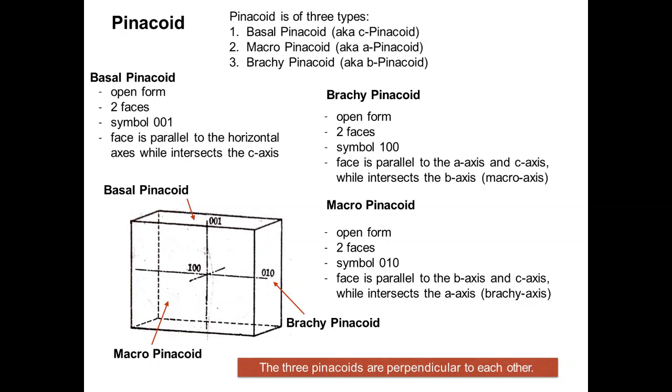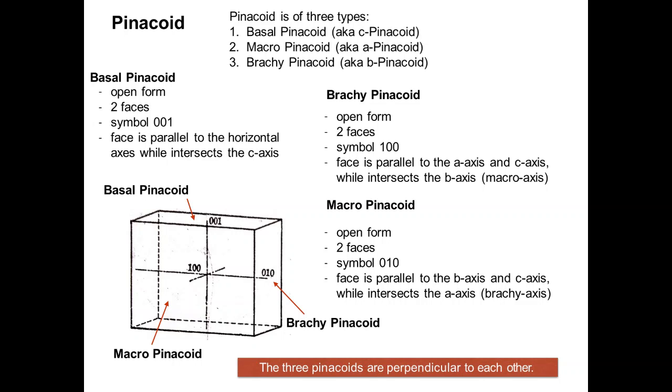Alright. So the first form that we see in the normal class of orthorhombic system is the pinacoid form. It is of three types: basal pinacoid, macropinacoid, and brachypinacoid. Since the three axes are unequal to each other, they can also be named as c pinacoid, a pinacoid, and b pinacoid. Remember, in orthorhombic system there is a small trick to name the forms.